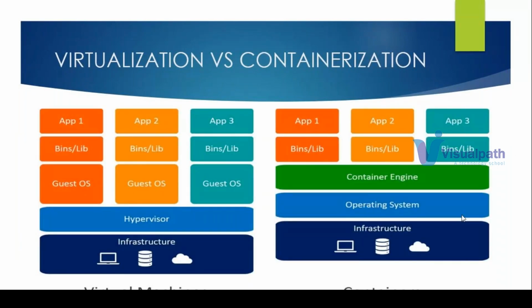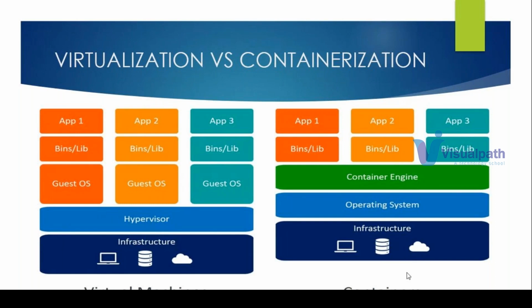Here we can see virtualization: we have storage, either on-prem or cloud, and on top of that we have the hypervisor, and then on top we install our operating system, libraries and bins, and then install the application.